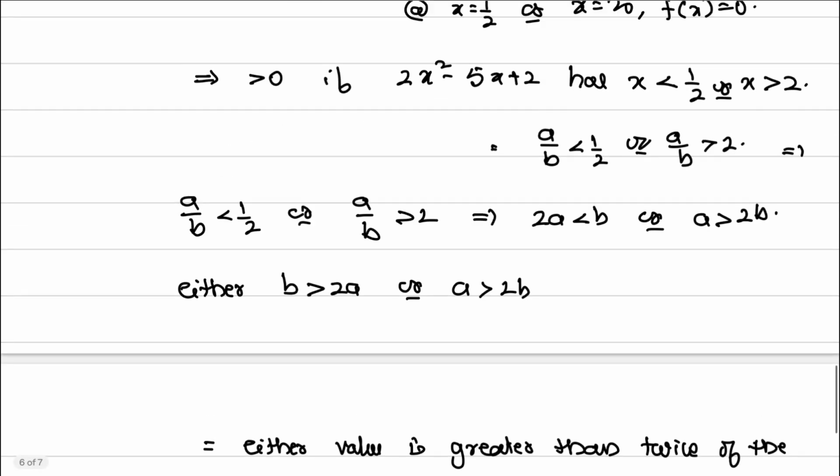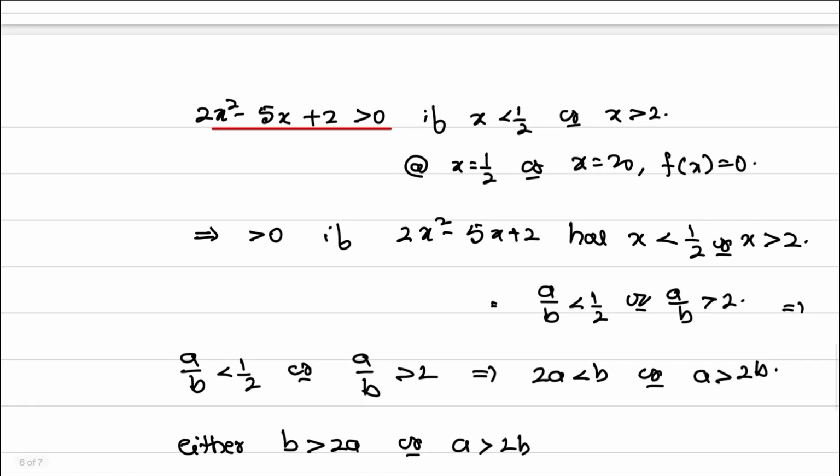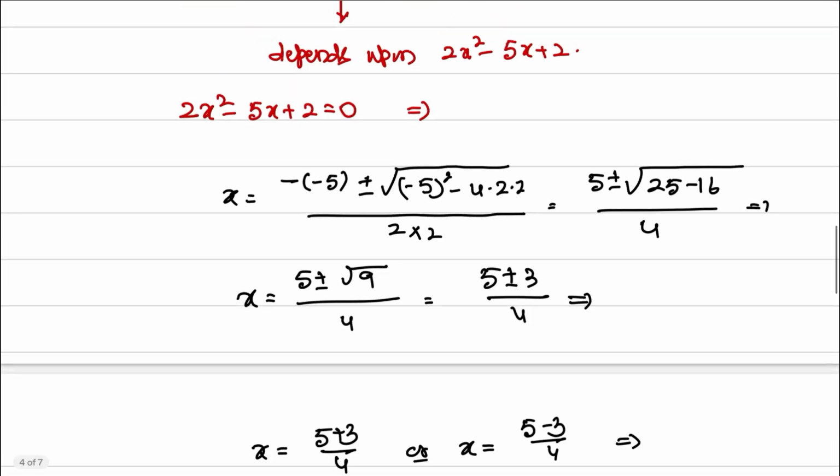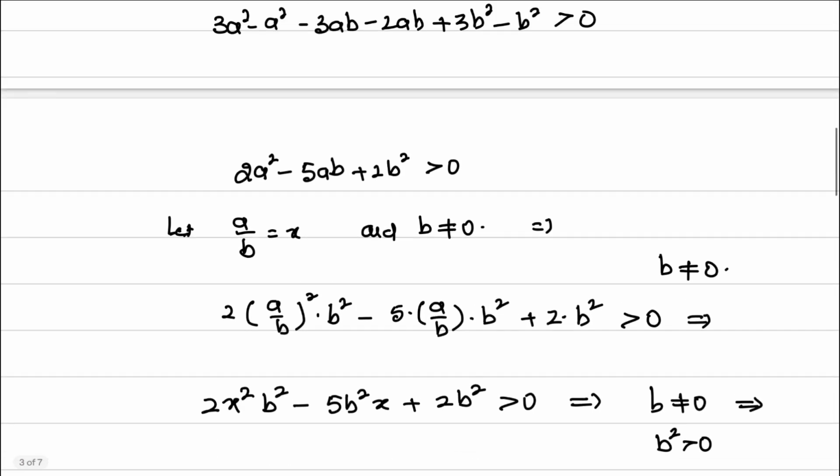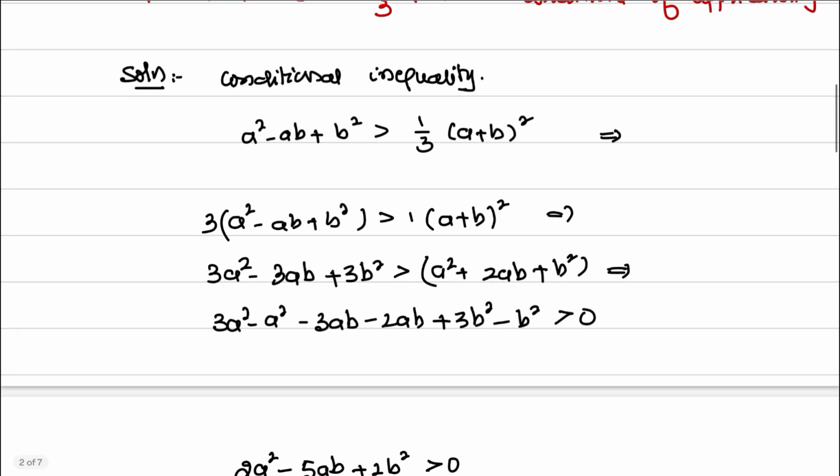For what? 2x square minus 5x plus 2 is greater than 0. From where has it come? It has come from the inequality, the direct derivative from this inequality.